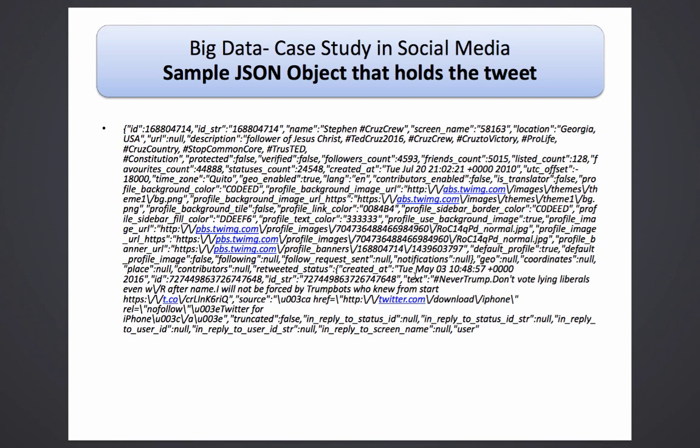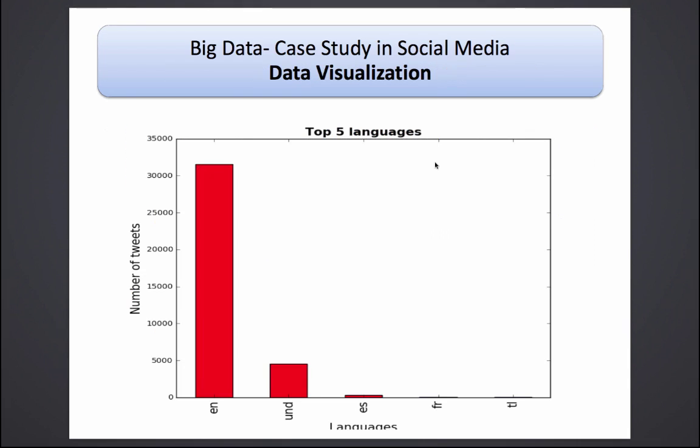And the text refers to his actual tweet. He has used a hashtag and then he has mentioned some comment, and we can also see the geo information, the coordinates. So as you see, it encompasses a lot of information. So here is the language. So he has been tweeting in English.